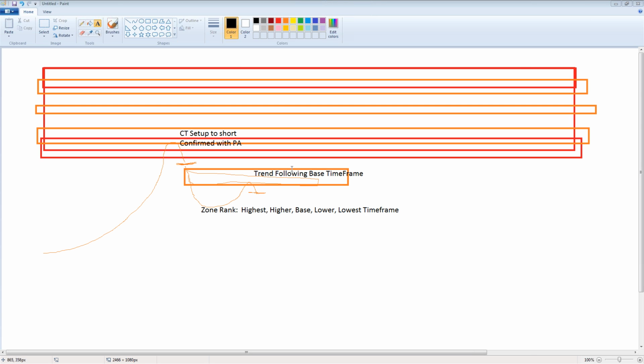Now the other tool, or the other idea that's also going to play, you remember that breakout idea? So we can also do the base time frame, or actually I'm going to do the lowest time frame here, just because that's what's going to be put in place.